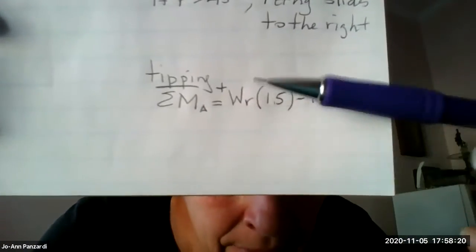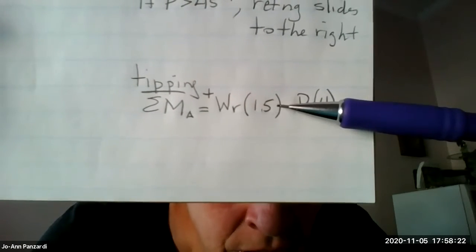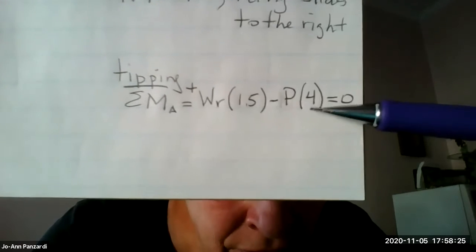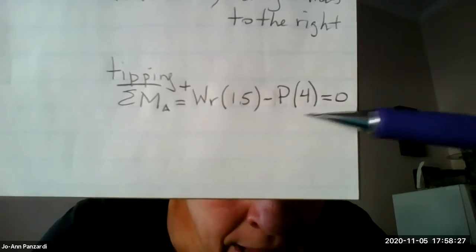So that would be the weight of R times 1.5 positive, and the normal, nope, the normal is canceled out, the frictional forces cancel out. P is 4 and it's negative. So I did the moment about A. It's the weight times 1.5 positive, and then P times 4 negative.